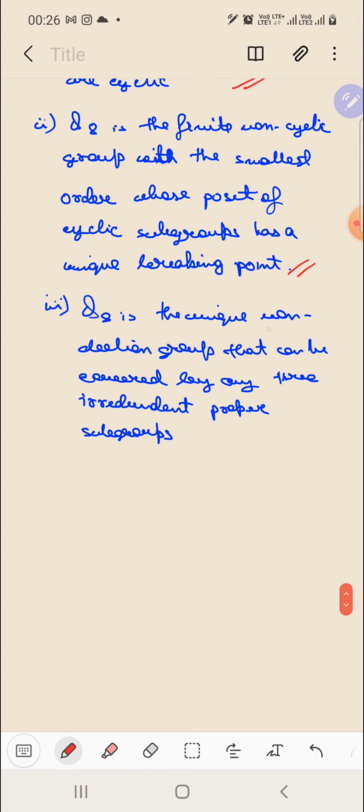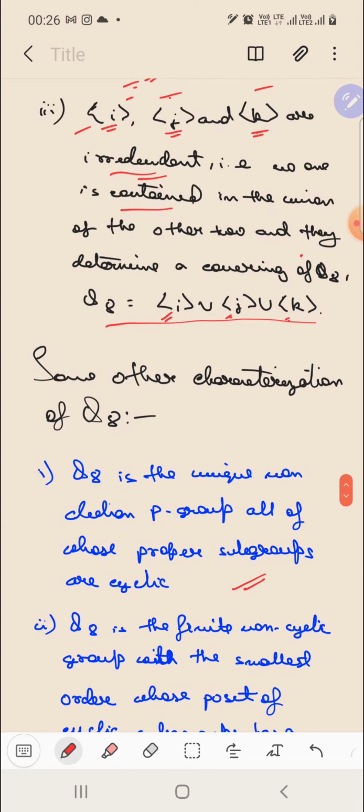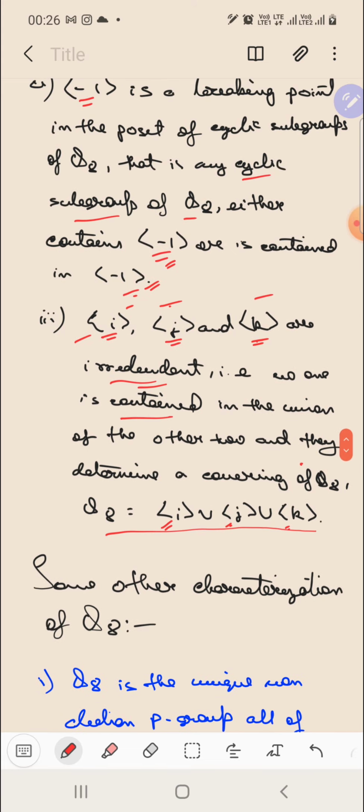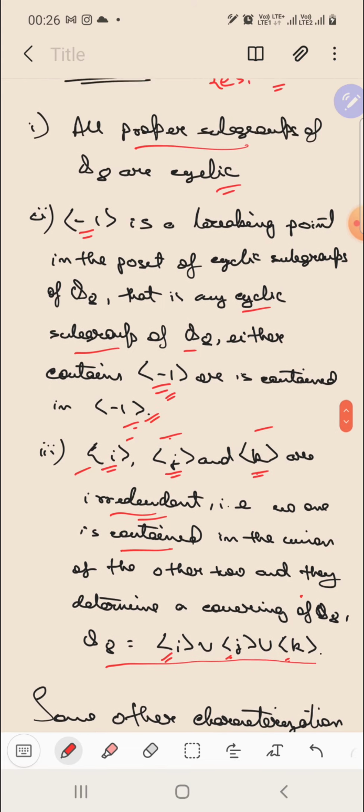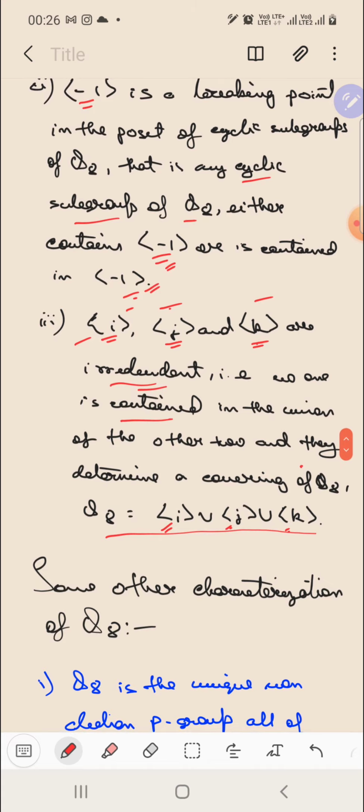And Q8 is the unique non-abelian group that can be covered by three irredundant proper subgroups. These three characterizations are logically related to the three properties, and these three properties will do your work till BSc first year.